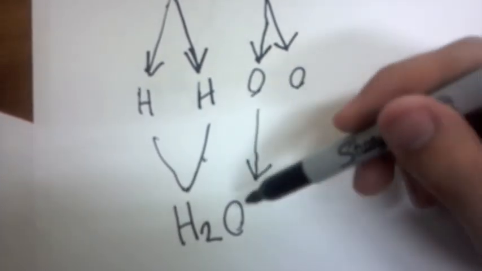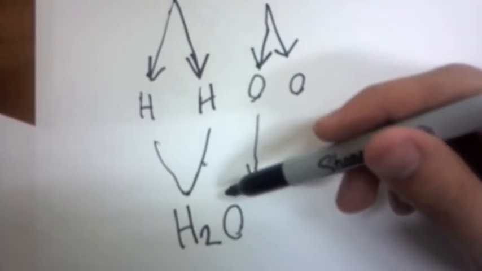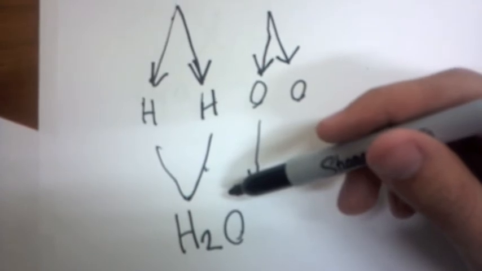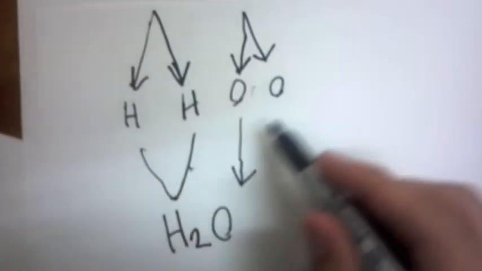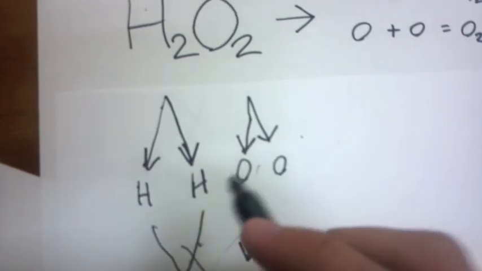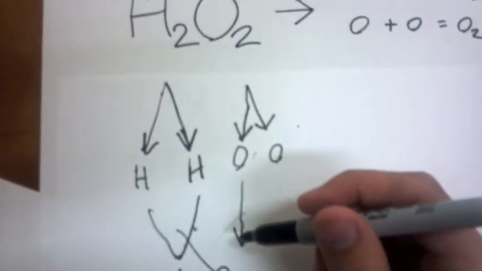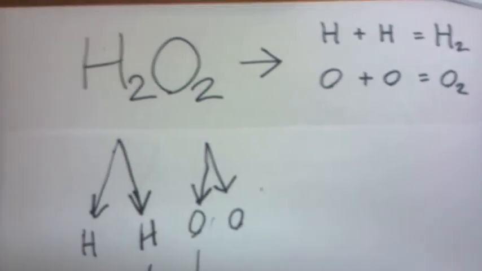I took them and split them up and made them into water, because if hydrogen peroxide decomposes, it can produce water and oxygen. So it produces water and oxygen mainly. That's what you need to worry about. Actually, forget all this. It produces water and oxygen.